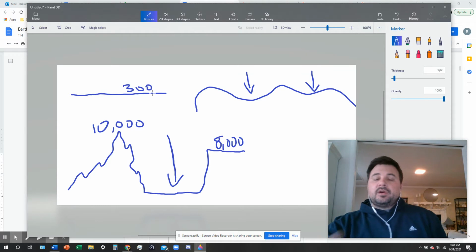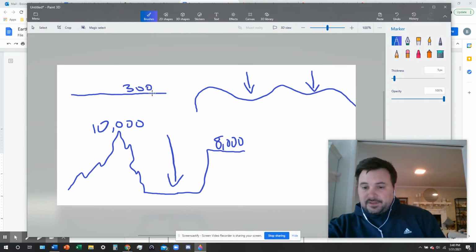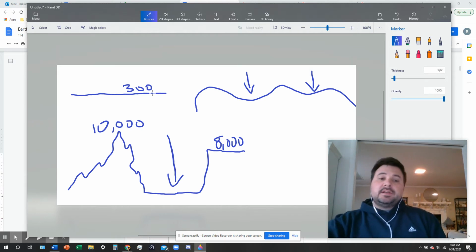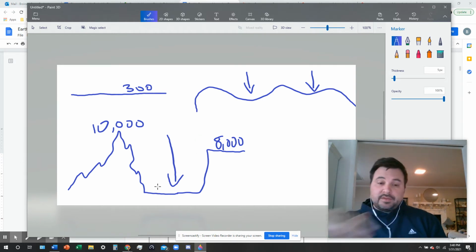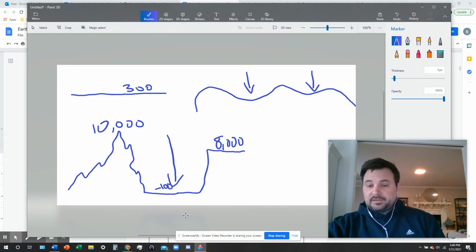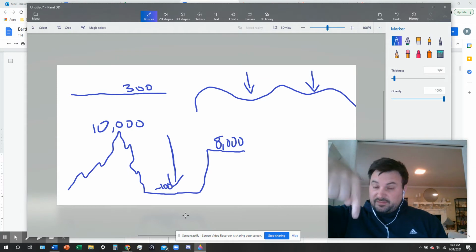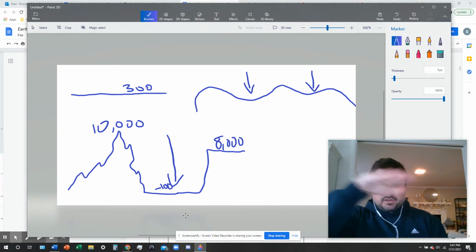But all of these basic land features have a height, and we compare it to sea level. Some land features could even be below sea level. Like this valley might be, if we compare it to where the sea is at, negative 100 feet below sea level. That means it's 100 feet below where the sea is currently at.